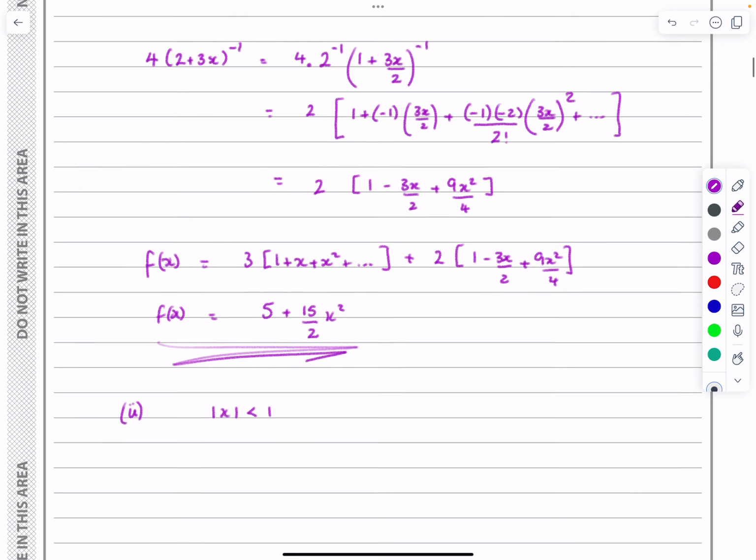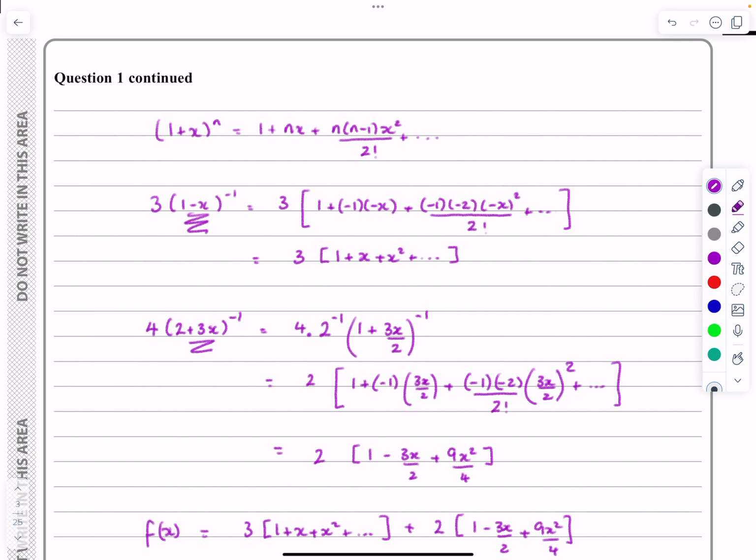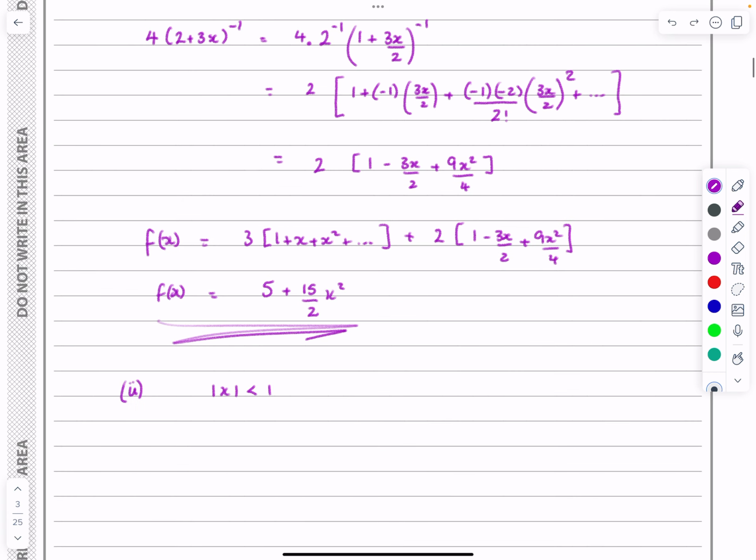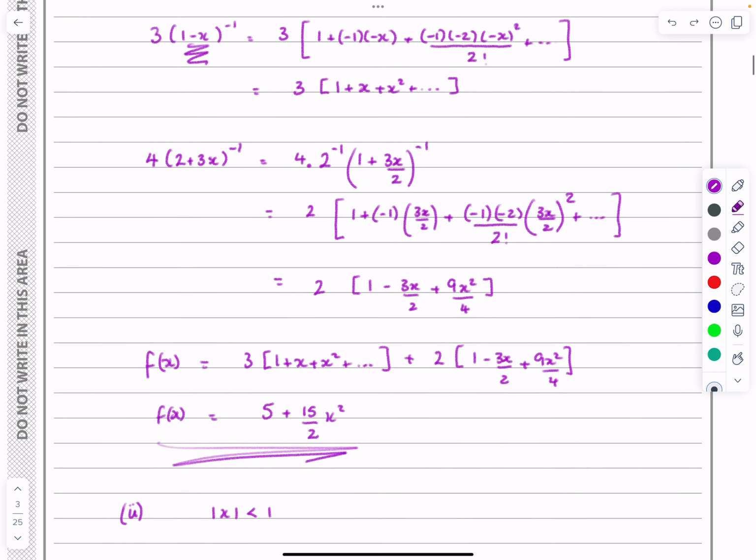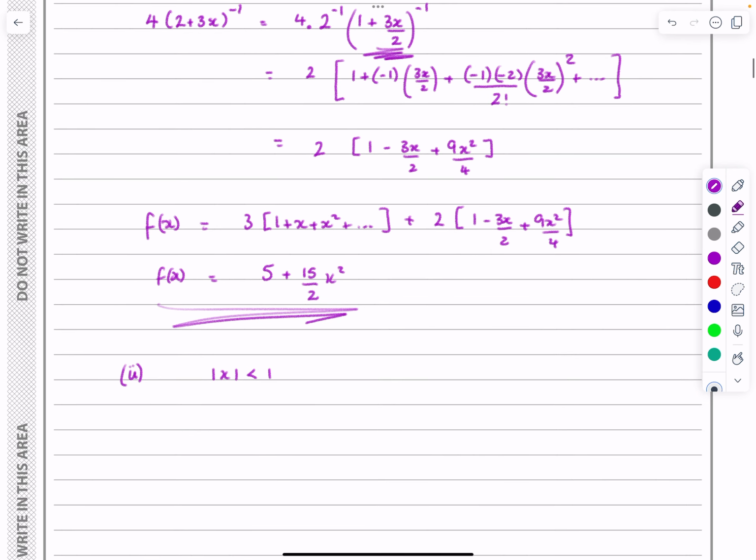And from that part in here, let's just do it slowly, sorry, modulus 3x over 2 has to be less than 1.